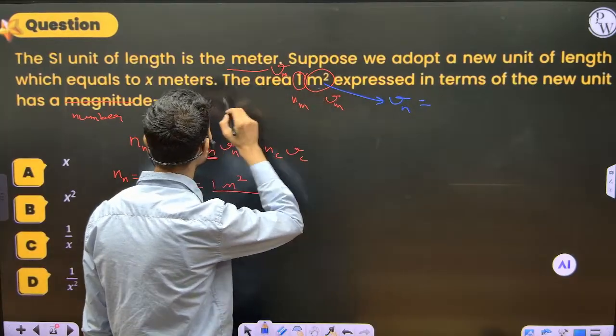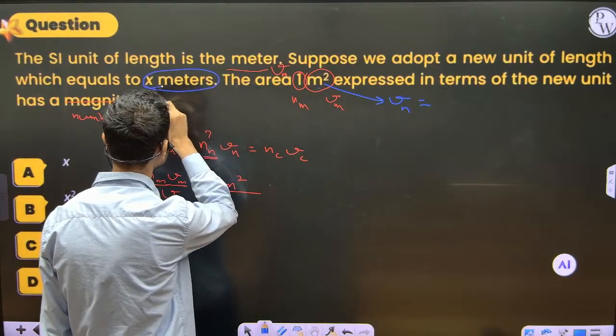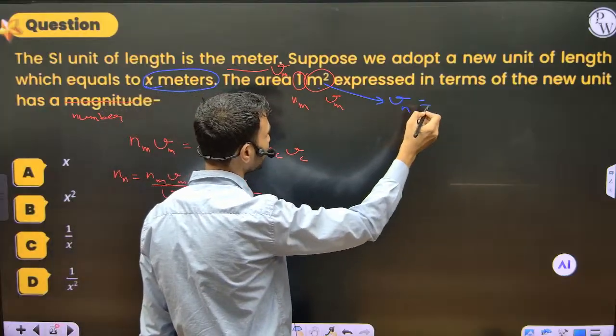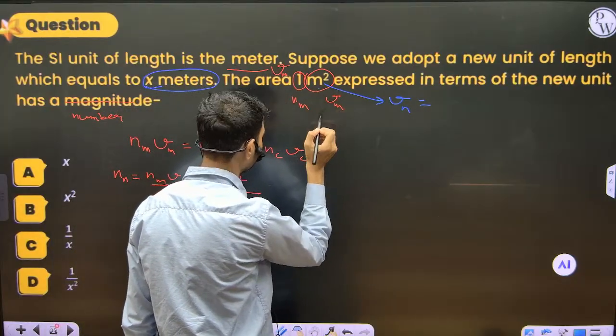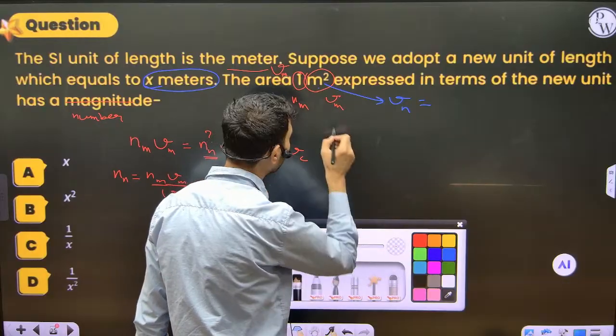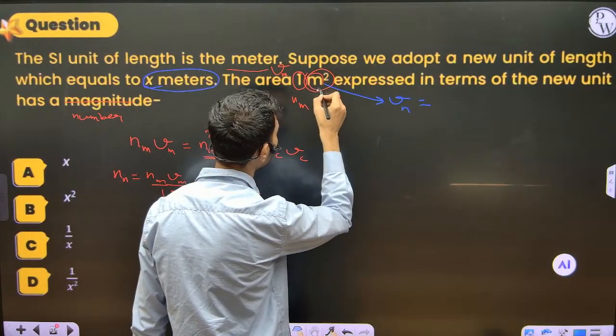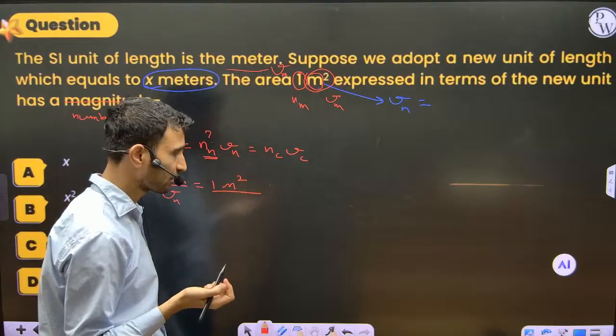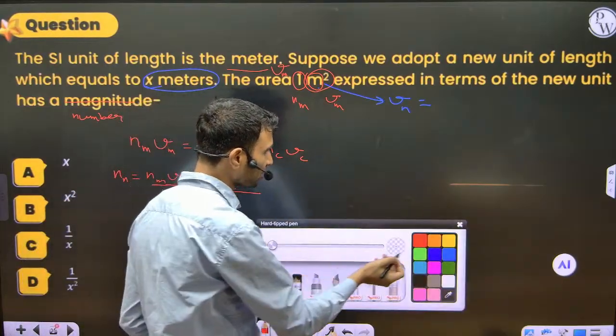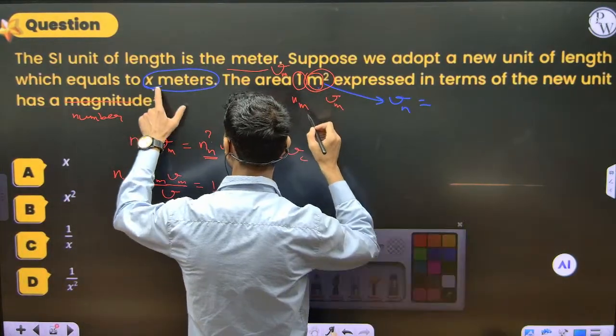Instead of meter square, it will be X meter square, because length is X meter. In MKS the unit was meter square, right? Here instead of meter, we are using X meter.